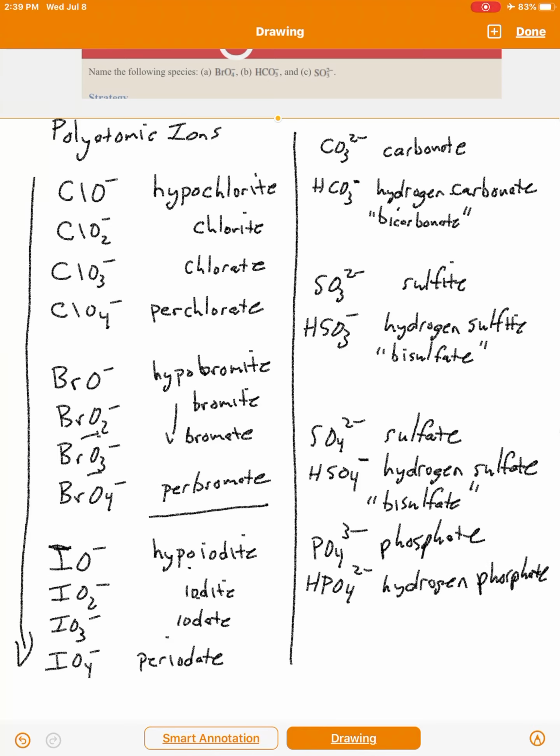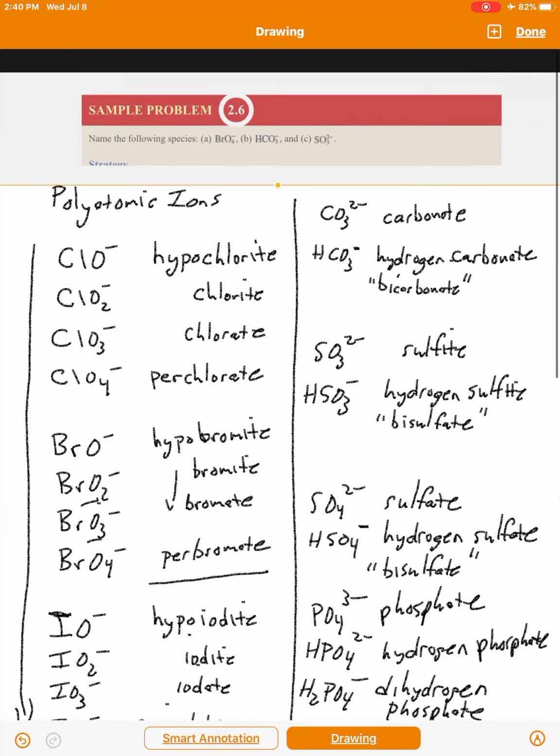Now, because phosphate has a charge of -3, you could actually add another hydrogen to it, and now it becomes -1, 2 hydrogens, and this would be called dihydrogen phosphate. Dihydrogen phosphate. There you go. So adding a hydrogen as well.